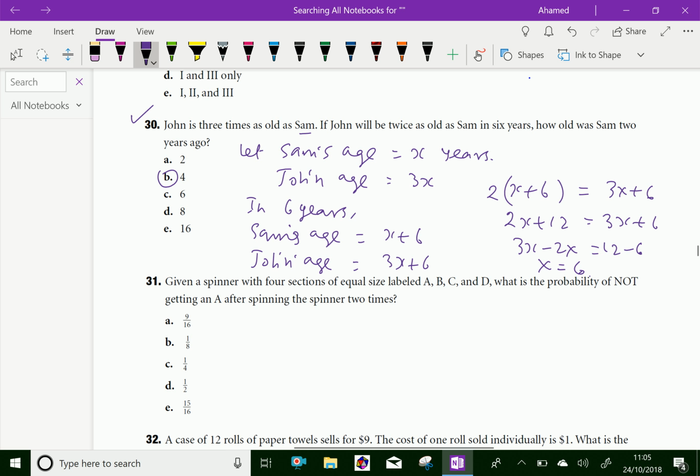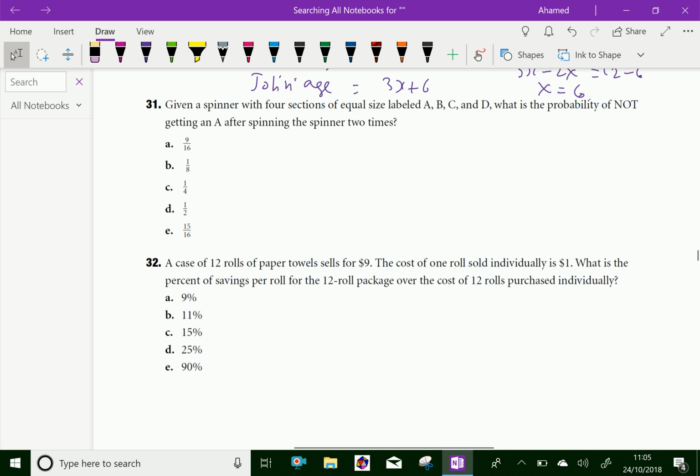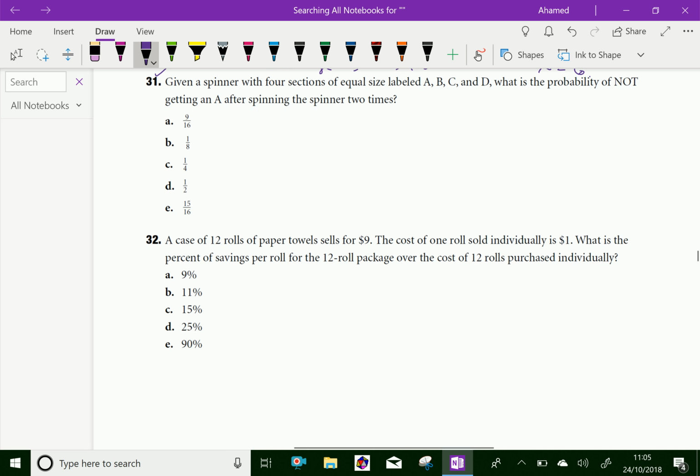Now next question. Given a spinner with 4 sections of equal size labeled A, B, C, D, what is the probability of not getting A after spinning the spinner 2 times?